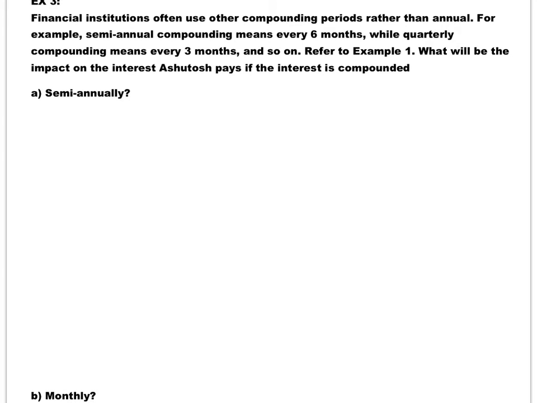Now let's look at the previous example, which is Ashutosh. He got $650, so P is 650. The interest rate R is 12% for 5 years.